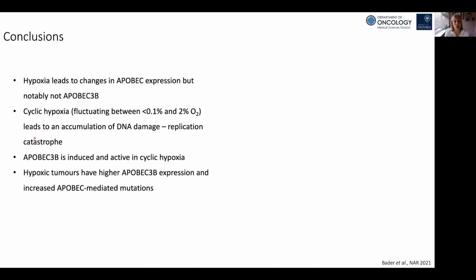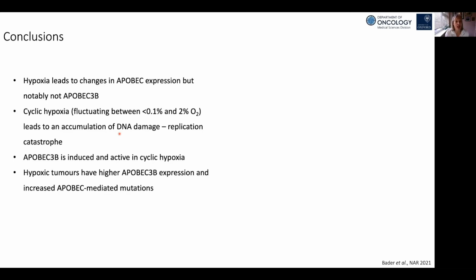And this also led to an accumulation of DNA damage. We and others use the term replication catastrophe to describe this outcome. This is an extreme version of replication stress where you've accumulated DNA damage, and so is known as replication catastrophe. And we believe that that is what is required to induce APOBEC activity in hypoxic conditions.